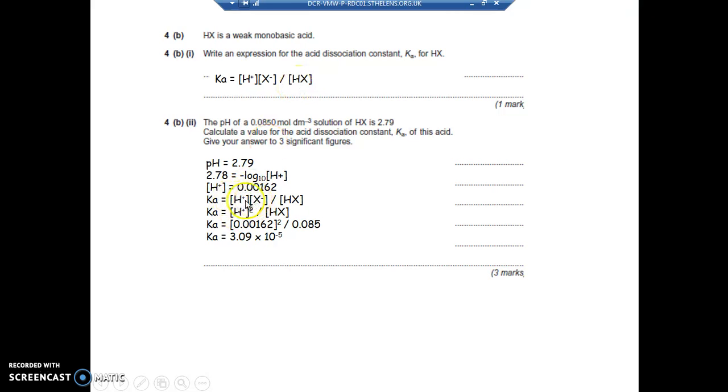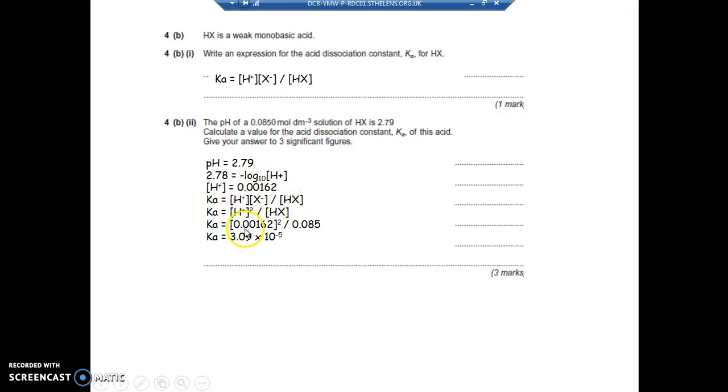Now then, we know that Ka is H plus and X minus divided by HX. We can simplify this into H plus squared divided by HX. So we're given HX? Yes, we are, 0.085. This time we've got H plus, so H plus squared is 0.00162 multiplied by itself divided by 0.085, because we're actually working out Ka this time.